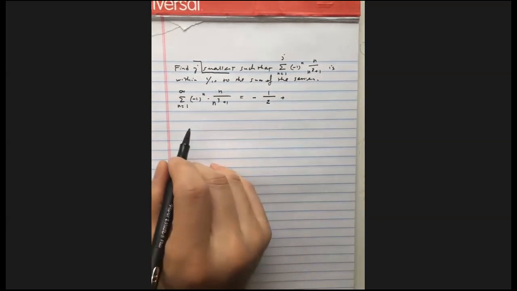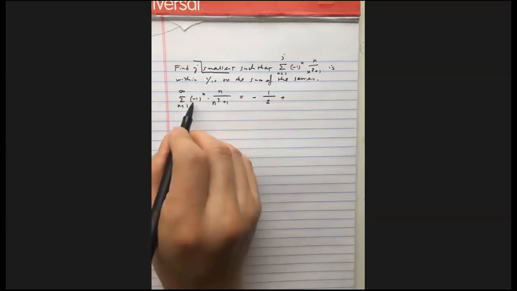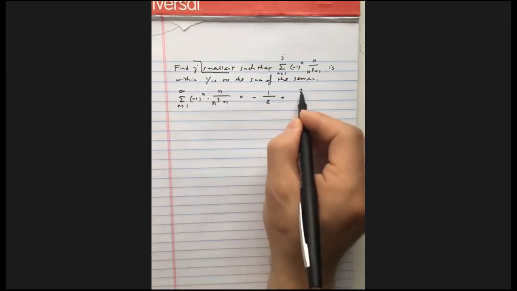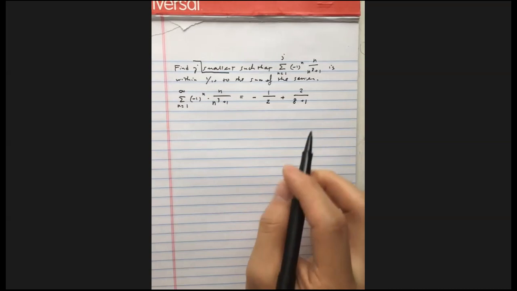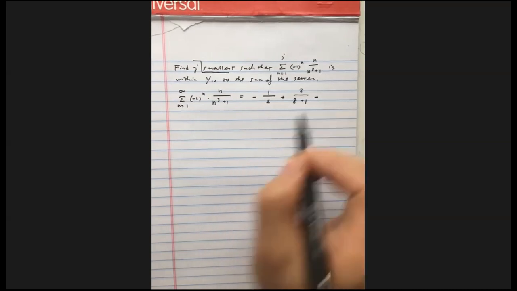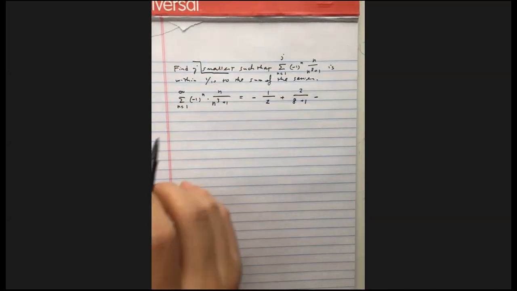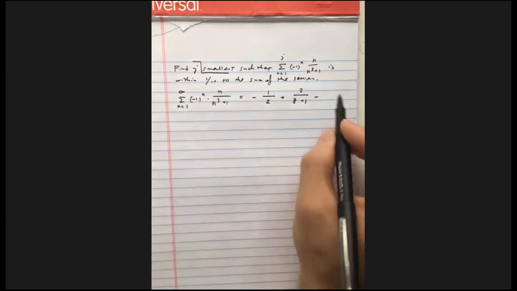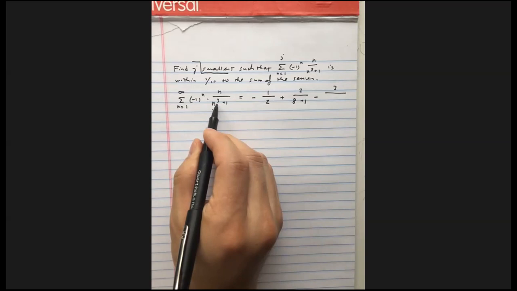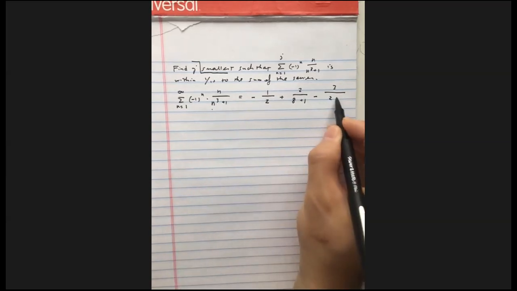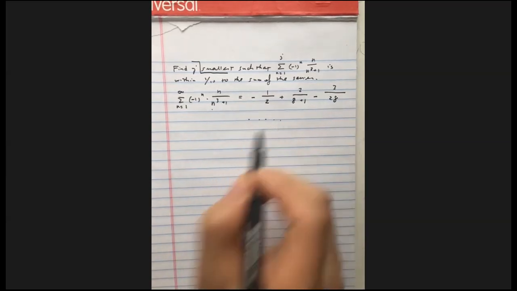Plus for n equals 2, 2 over 8 plus 1, which is 2 over 9, minus, what's the next term? n equals 3 is 3 over 27 plus 1, 28, and so on, etc.